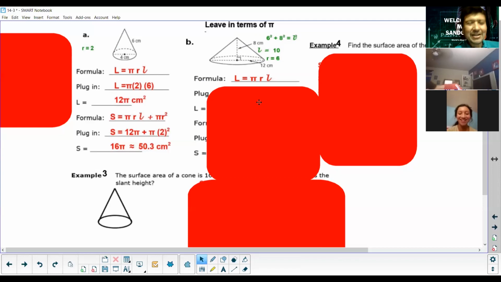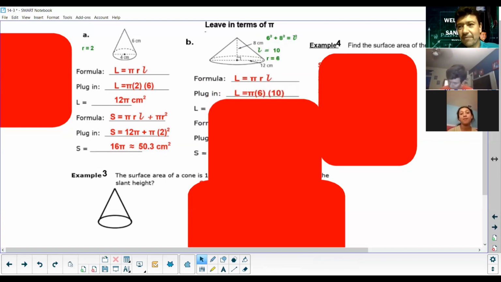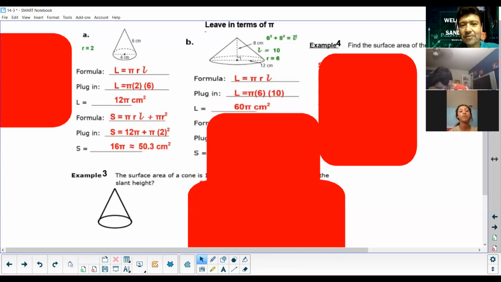Now, in the original case, you were not given that. Would you be able to know how to get R? You're just given 12 because it's the middle. Remember, 12 is known as the diameter. When you have the entire section across a circle, a radius is half that amount. So that's the reason why R is 6. And then we're given the benefit from Pythagorean Theorem to get the 10. All right, afterwards we'll get 60 pi.